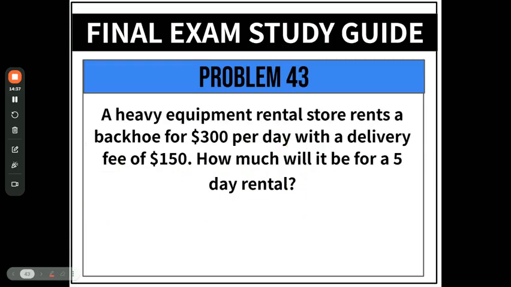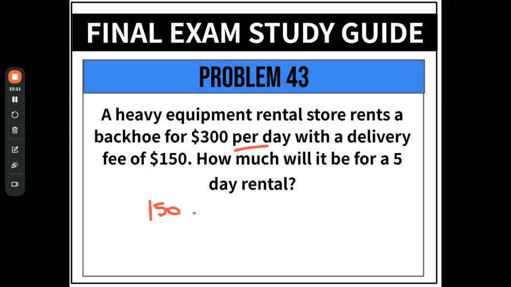Okay. A heavy equipment rental store rents a backhoe for $300 per day with a delivery fee of $150. How much will it be for a 5-day rental? So let's create an expression for ourselves to solve our problem here. There's a flat delivery fee every time of $150, so I'm going to start with that. And anytime it says per, we're going to be multiplying.